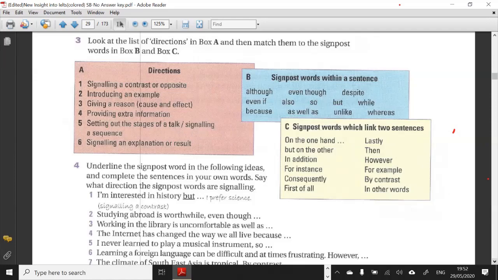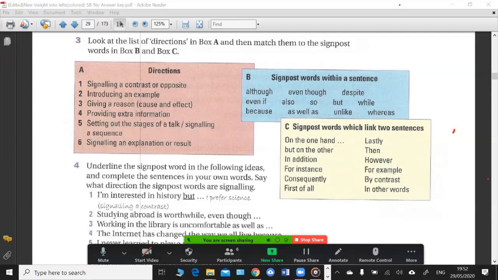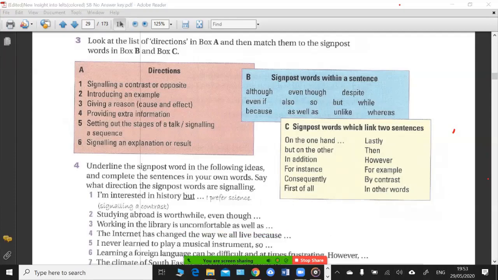Okay, Abir, can you read the signpost words within a sentence? Although, even though, despite, even if, also, so, but, while, because, as well as, unlike, whereas. Okay.